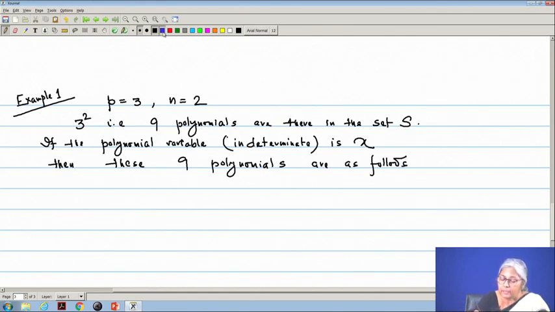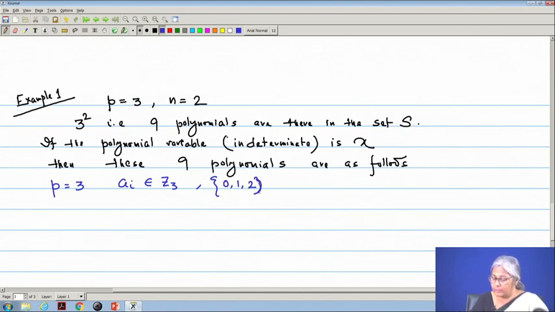See, n equal to 2, that means my ai can be only 0 and 1. p equal to 3. So, ai belongs to Zp and Zp is 0, 1, 2. So, ai can take value 0, 1, 2 and n equal to 2.